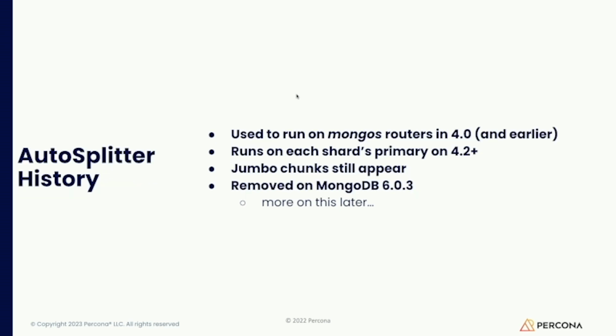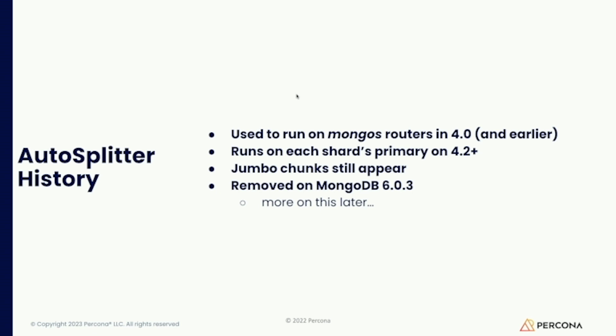Some history about this process. In earlier versions of Mongo releases, this used to run in the MongoS router. The problem with this is that you might have more than one router. Usually there are way more than one. So the estimations of when a chunk should be split were not reliable, because a single MongoS router doesn't see the whole picture of what is happening in the cluster, right?